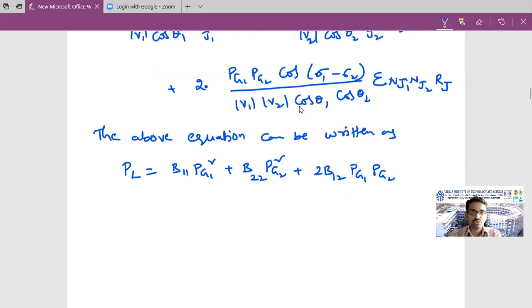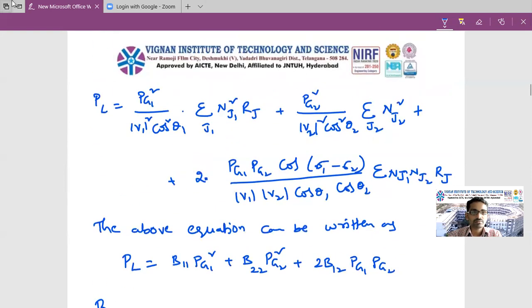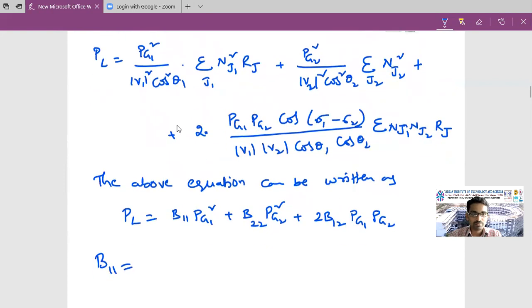So just compare these two equations for PL. If we compare, then B11 is equal to summation j1 nj1 square into Rj into 1 by magnitude of V1 square cos square theta 1.